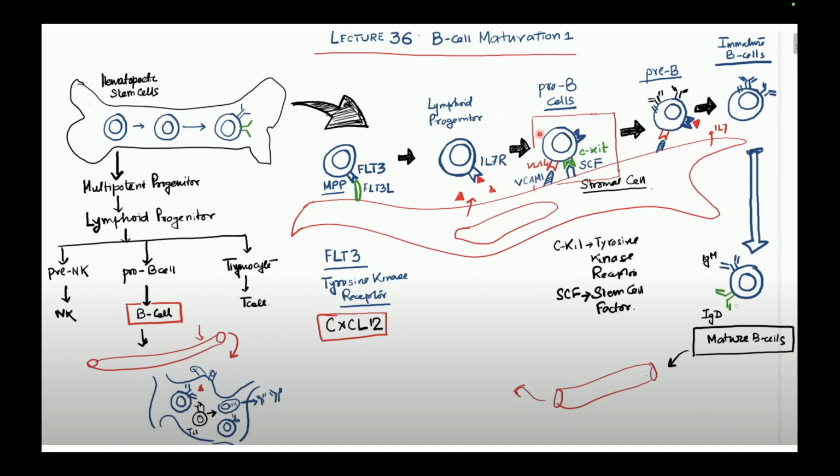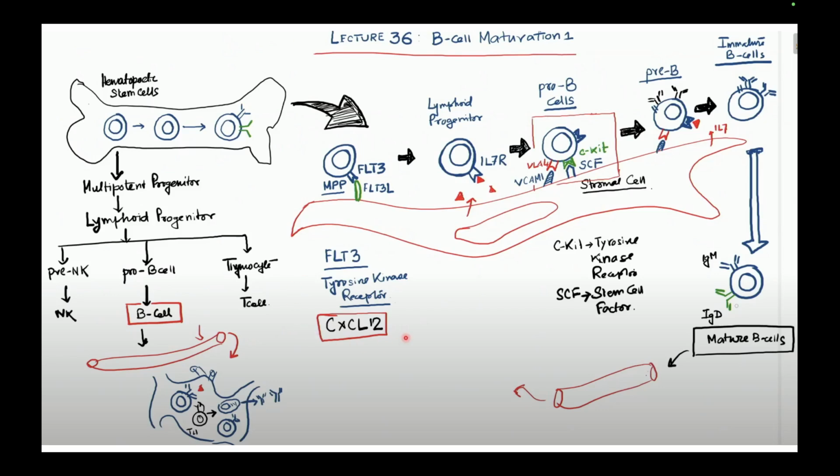Other than that, in the very beginning, FLT3 is a tyrosine kinase receptor, and there is one particular chemokine, CXCL12. This chemokine adheres the multipotent progenitor cells to the stromal cells, so it helps retain these multipotent progenitor cells on the stromal cells.